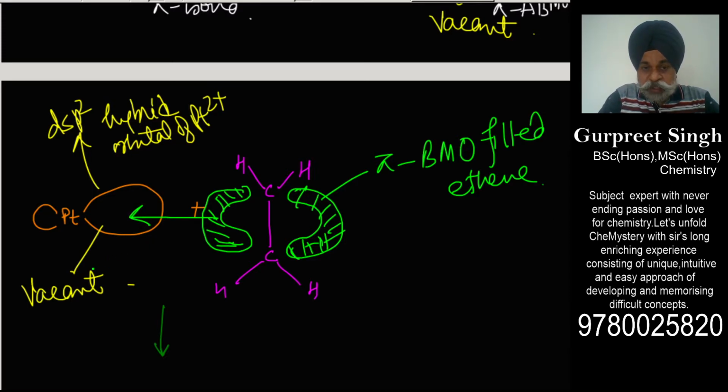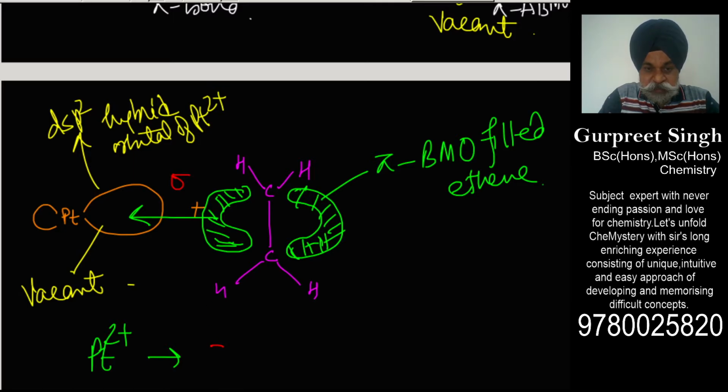Now, how do we account for this? How do we announce this? What type of bond have we generated? We will say platinum 2 positive is receiving electron density. This is very important to explain here.